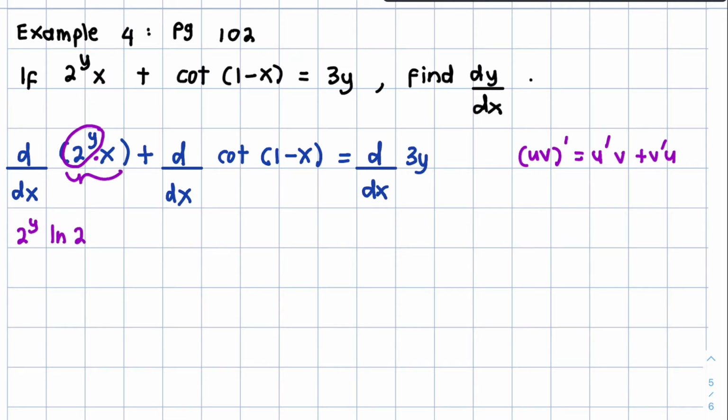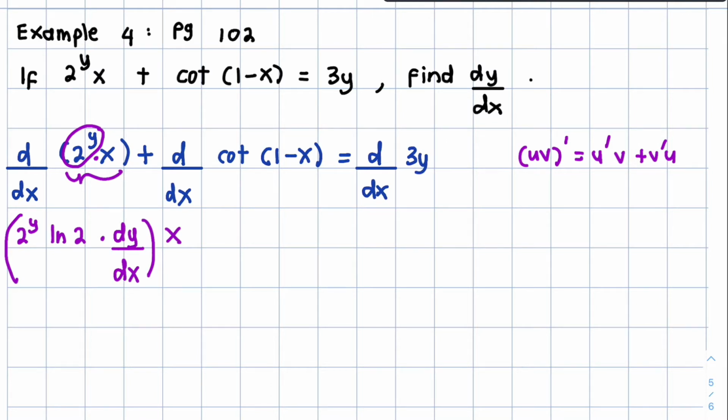Then because this is with respect to x and you differentiate with respect to y, you have to multiply by dy over dx. Okay, then multiply the whole thing with your v, which is your x.